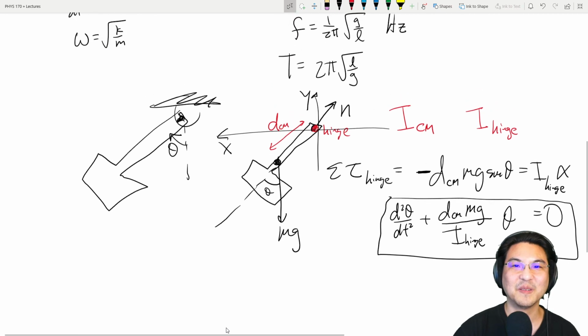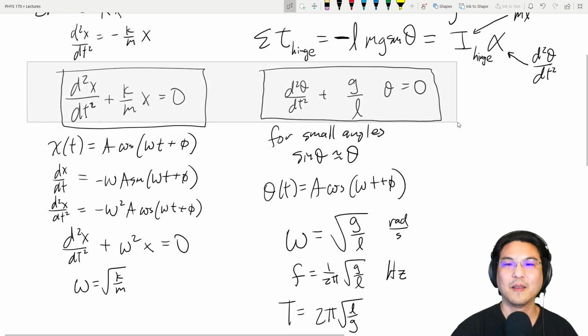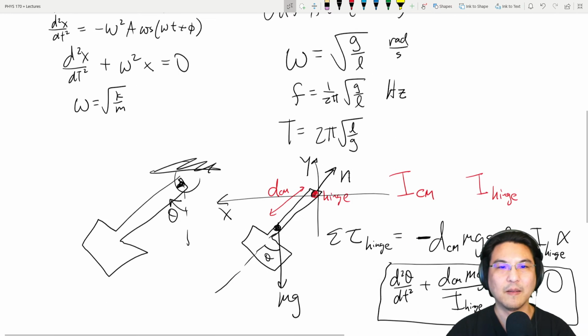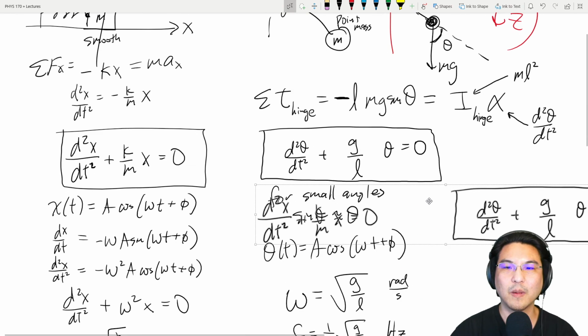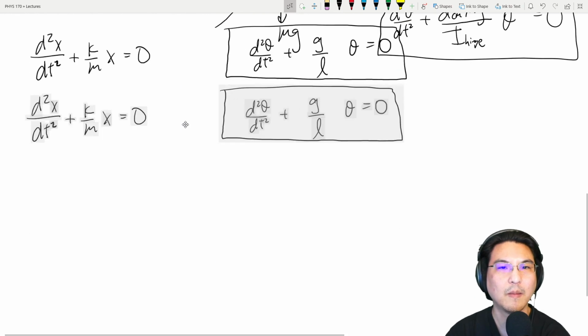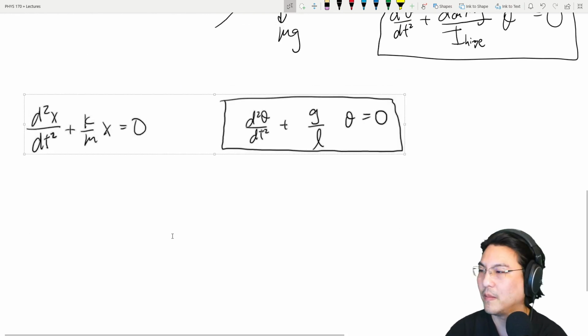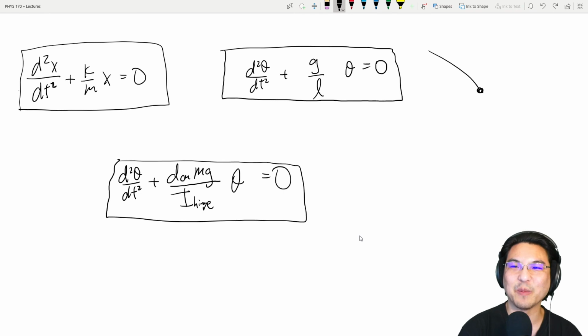Now look at this, compared to these. This was the mass on the spring. This is the pendulum that was just a string and then a point mass.